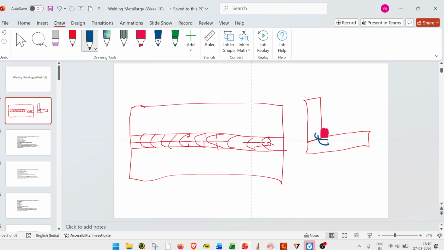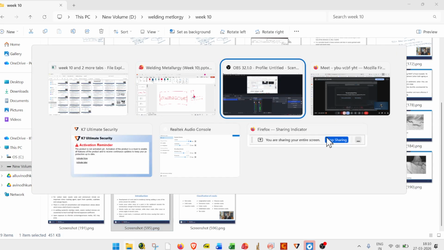It is called underbead. Toe cracking is at the edge between the weld bead and the base metal, here it is having the toe cracking.